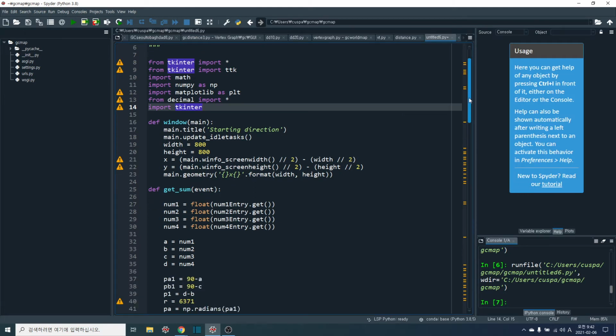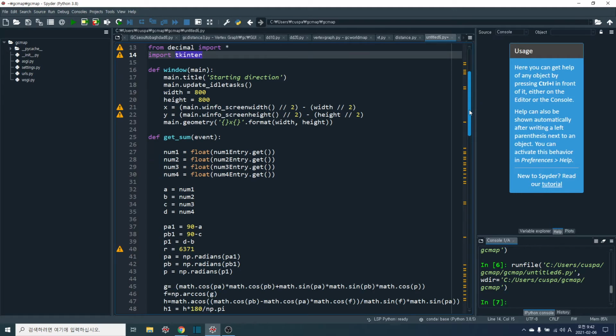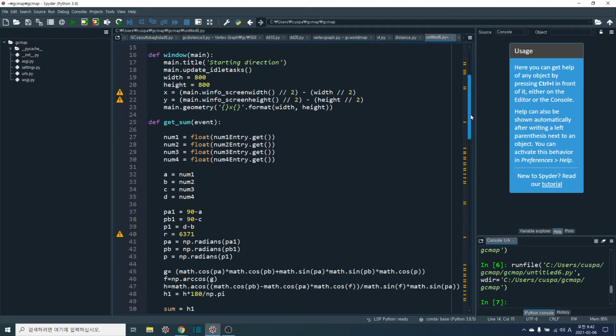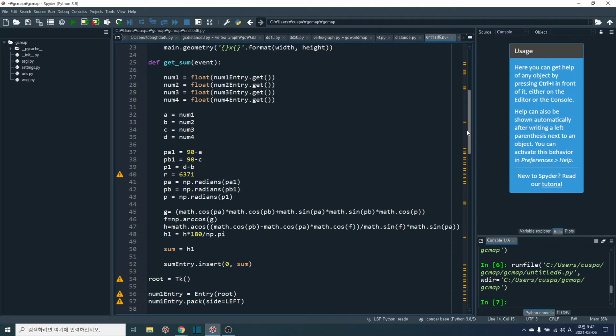I wrote a program to calculate the initial angle and the final angle, and this is A, B, C, D. A and C are latitude, B and D are longitude.